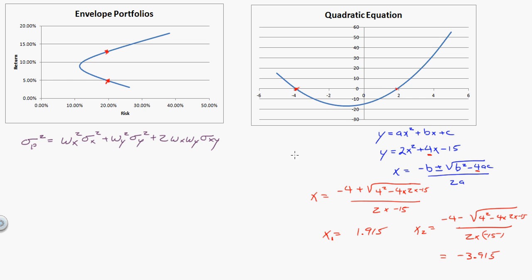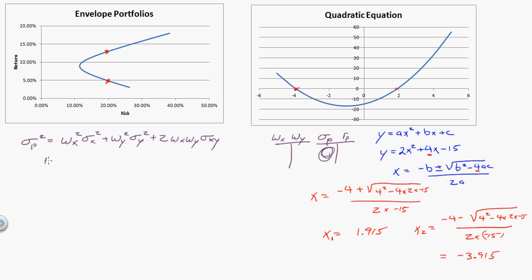As you recall, when you graph this, you had a weight x and a weight y. You got those points, and that gave you the sigma for the portfolio and the return for the portfolio, and you graph those. So the formula you used to get this was just the square root of that. So I need to solve this for wx, because I want to know what weight in wx is going to give me a portfolio that's here or here.